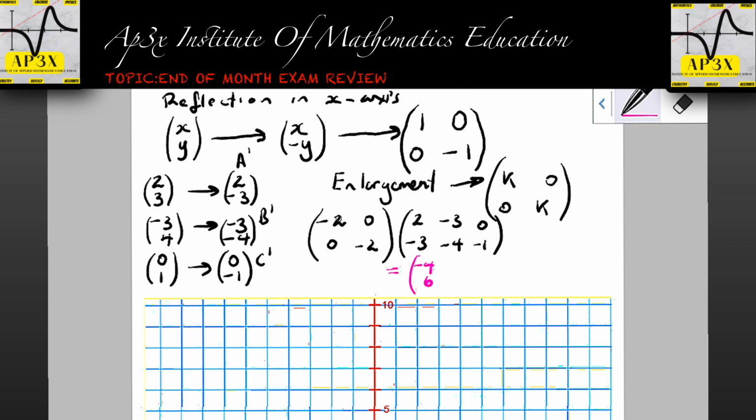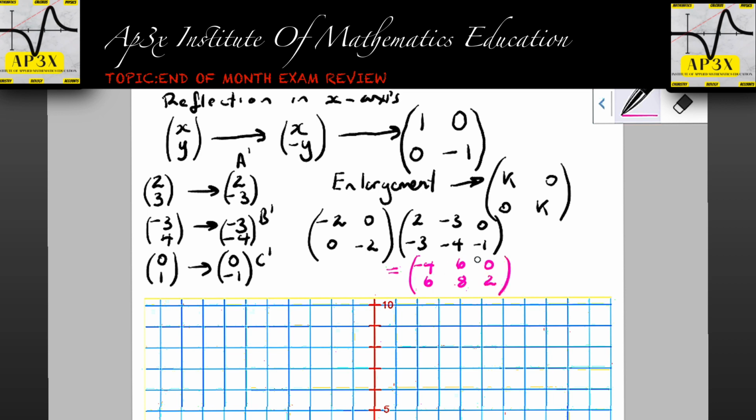Then back at the top, -2 multiplied by -3 is +6. And -2 down at the bottom multiplied by -4 is +8. Finally, -2 times 0 is 0, and -2 multiplied by -1 is +2.